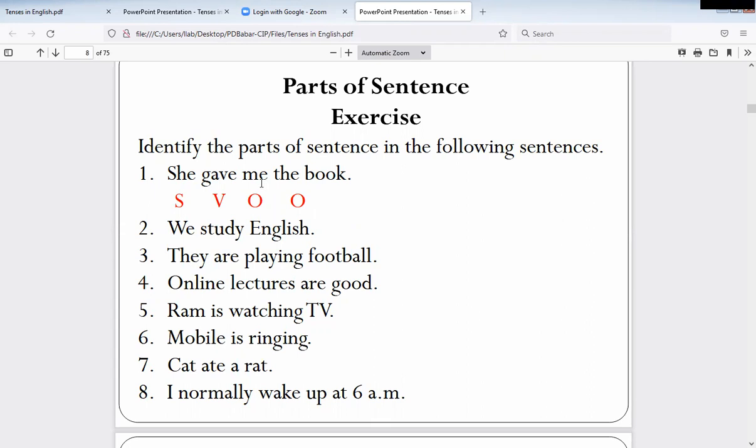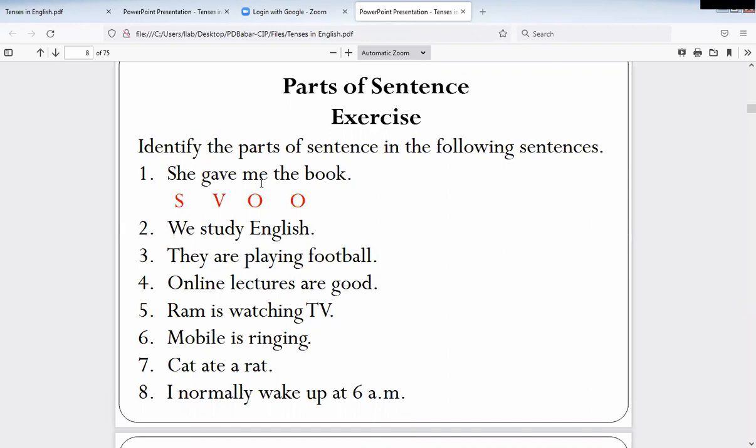So it is called a direct object, because when we ask a question with what to the verb, then the answer which is coming to that question is called the direct object.